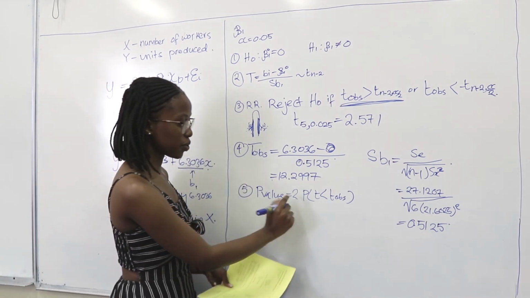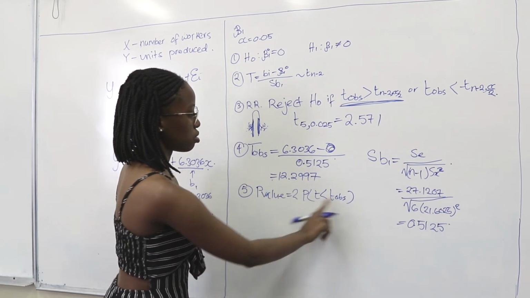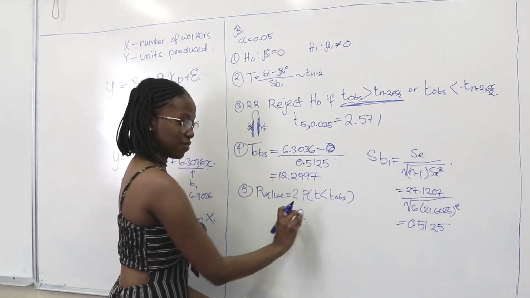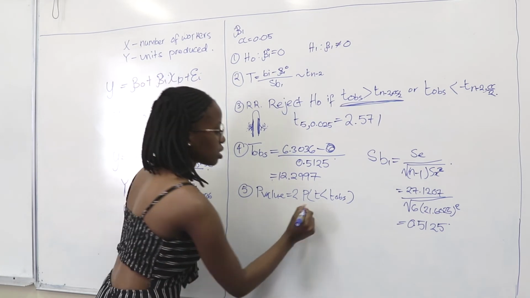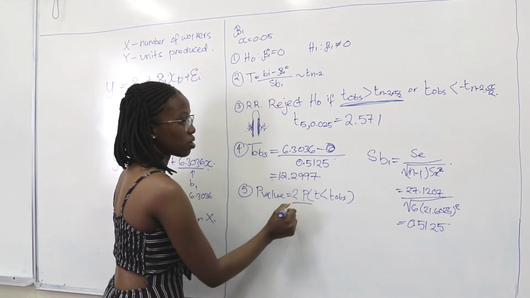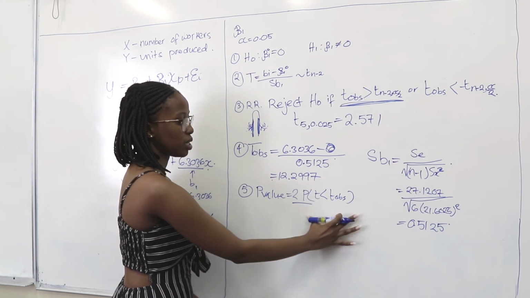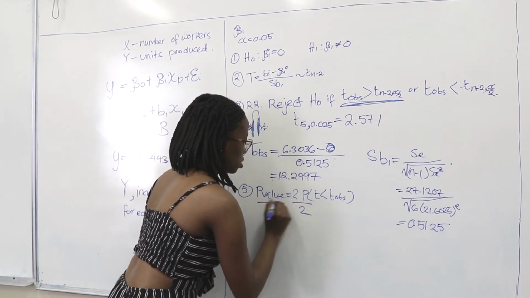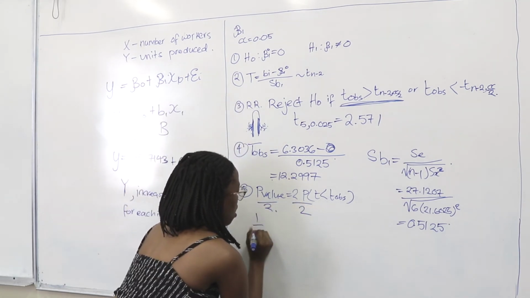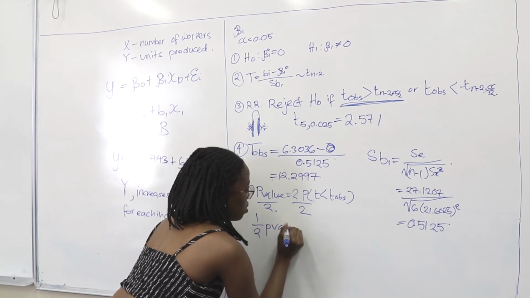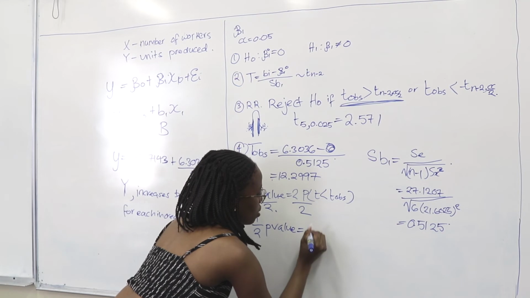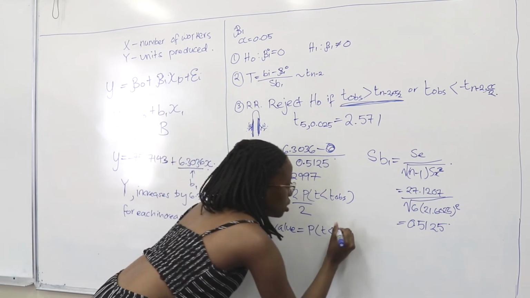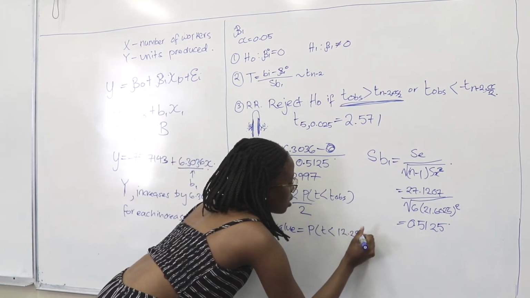So now we're going to move on to looking for our p-value. So the T observed. So now we're going to get 2, just to not confuse yourself, you can divide both sides by 2 to get rid of that, so that you don't make the mistake of calculating the probability here and not multiplying it by 2. So we're going to divide this side by 2 and we're going to divide this side by 2, which gives us the half p-value, which is equal to the probability that T is less than, our T observed was 12.2997.